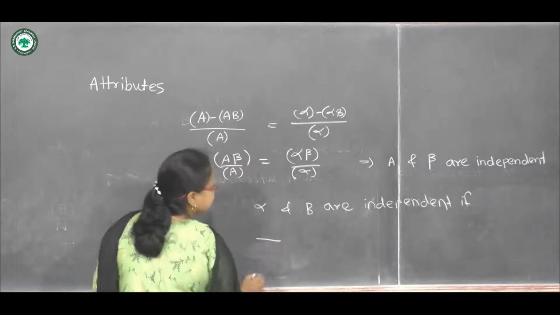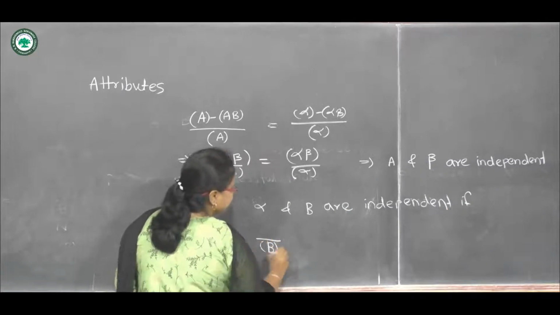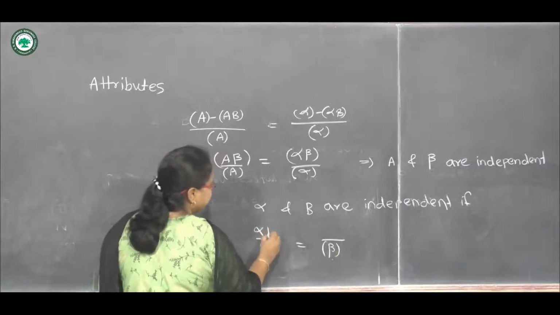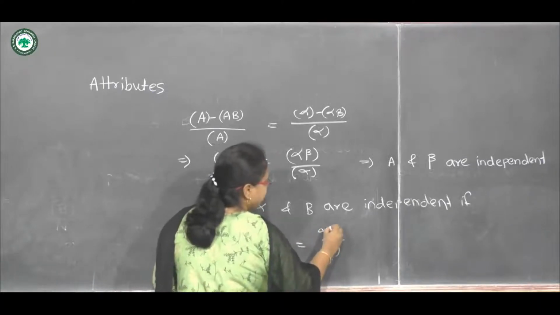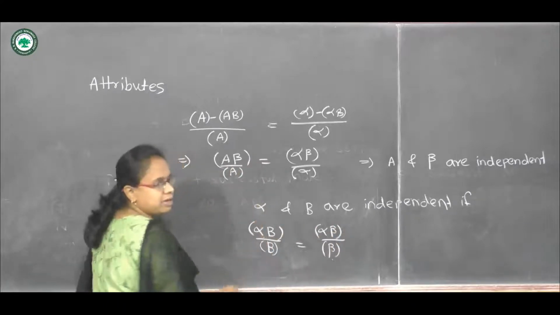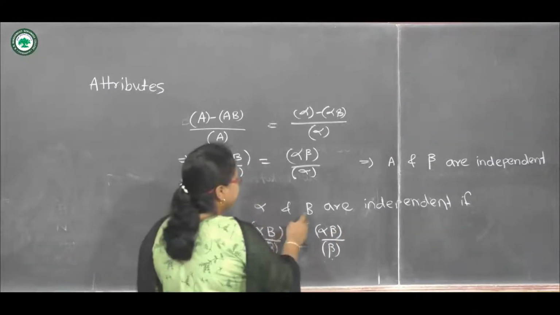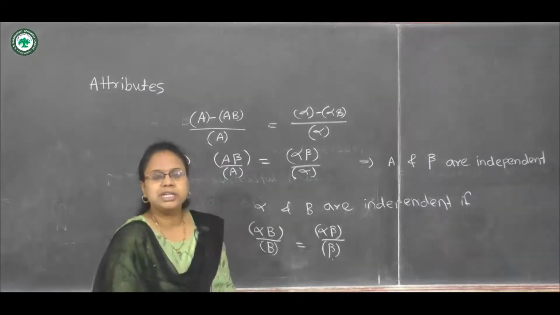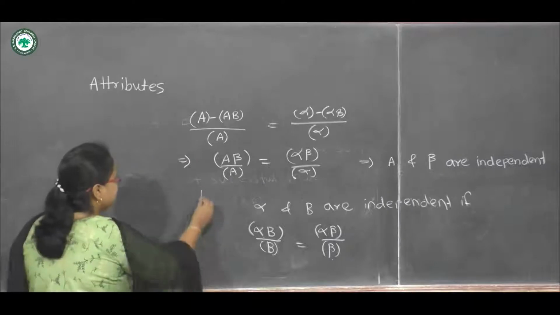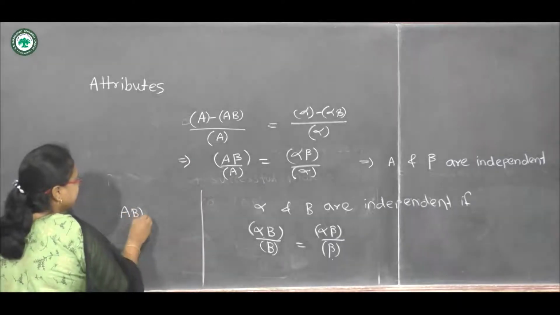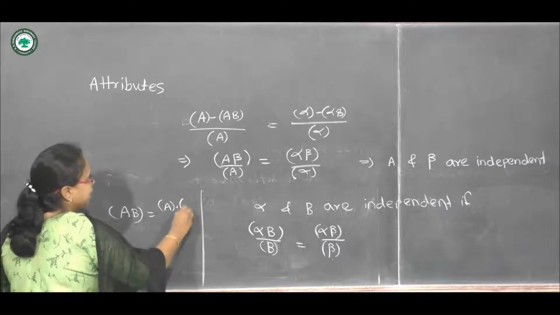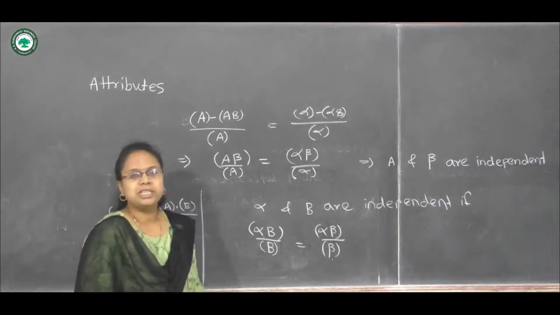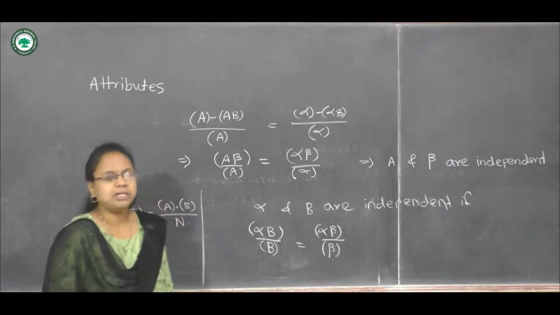If this proportion B equals beta, and here we have to write alpha B and alpha beta, in this way we can show that the attributes alpha and B are independent. But generally we check only the condition whether AB equals A into B upon N. If this condition holds, then we say that A and B are independent attributes.